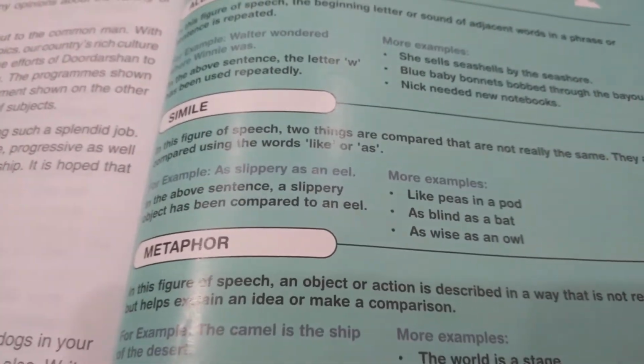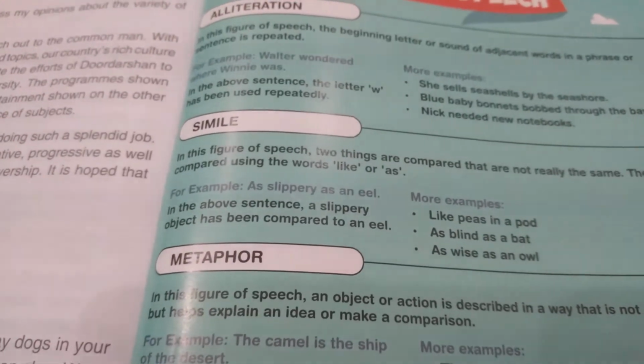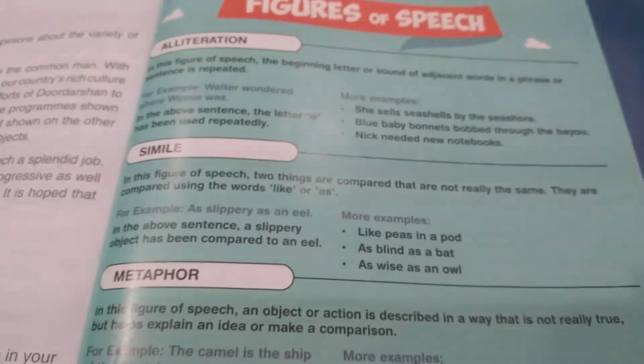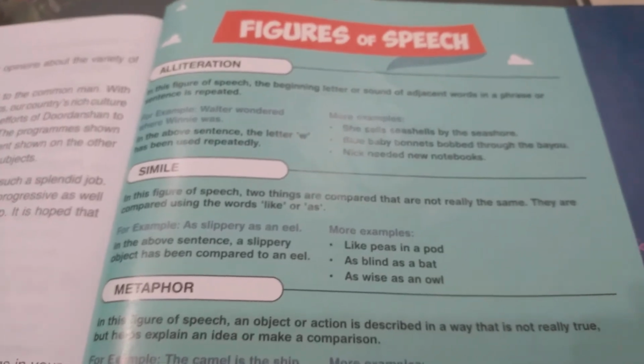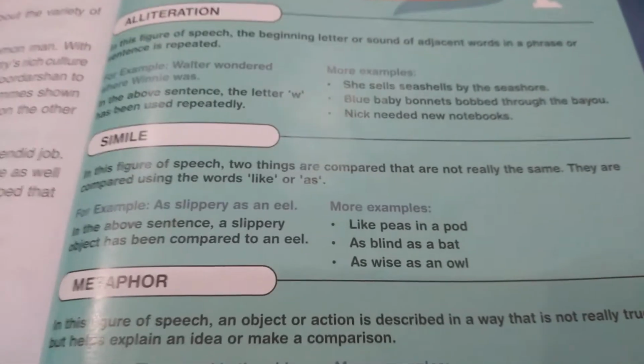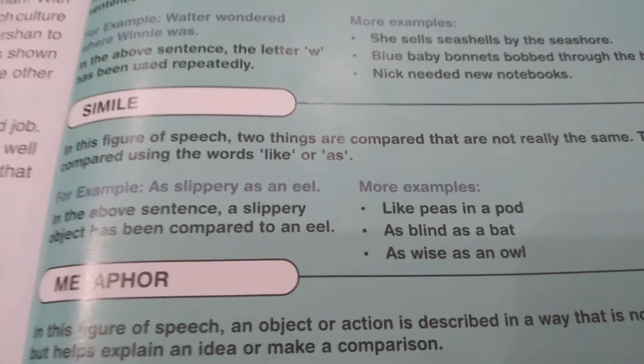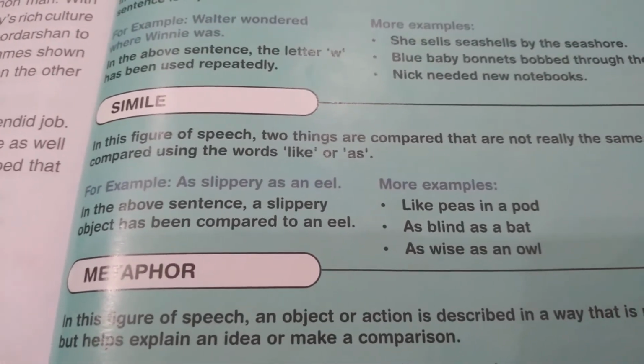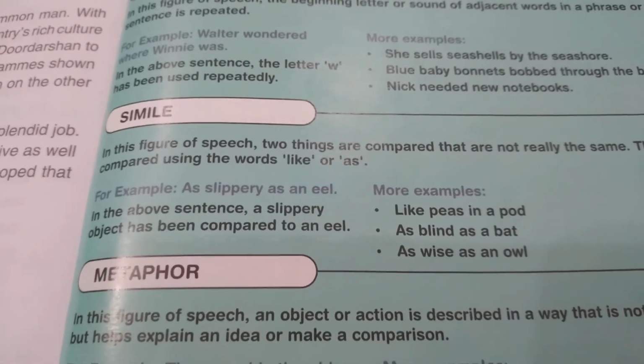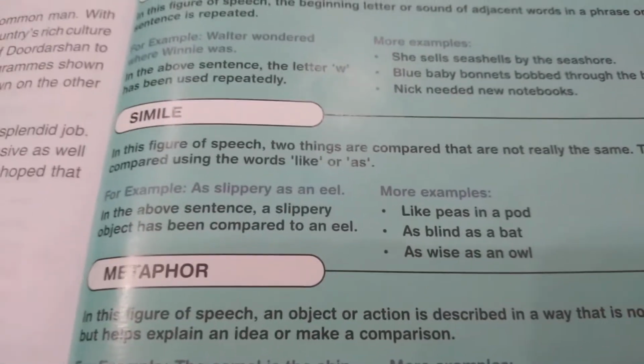Now the next figure of speech which we are going to discuss in this session is simile. In this figure of speech, two things are compared that are not really the same, and they are compared using the word like or as. Means here comparison is done between two things by using the word like or as.